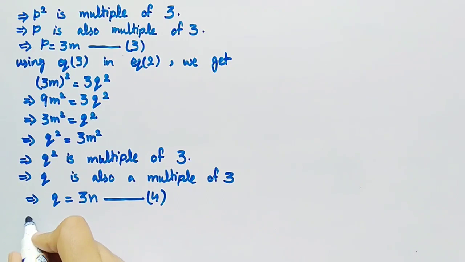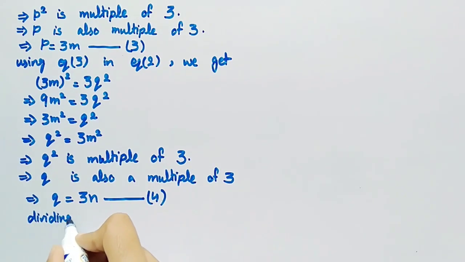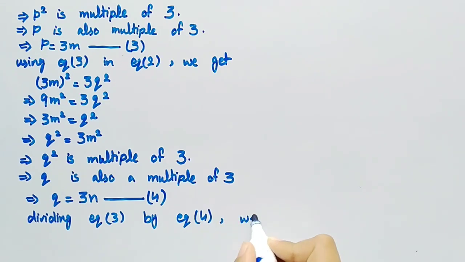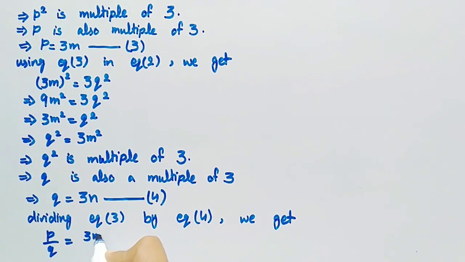By dividing equation 3 by equation 4, we get P divided by Q is equal to 3m divided by 3n.